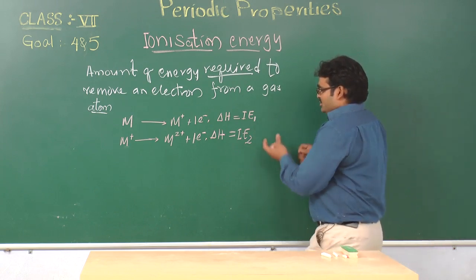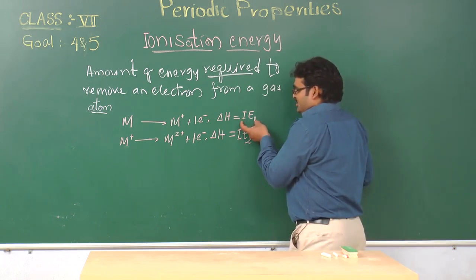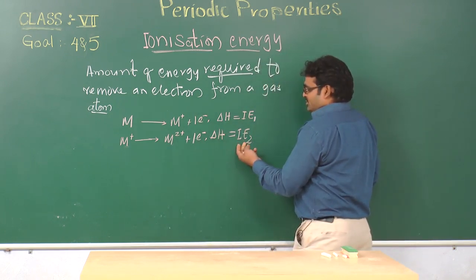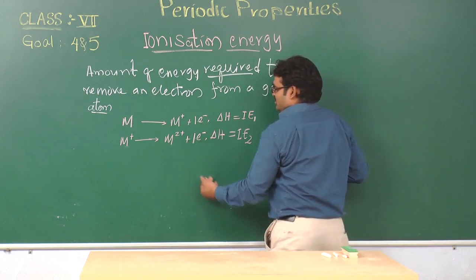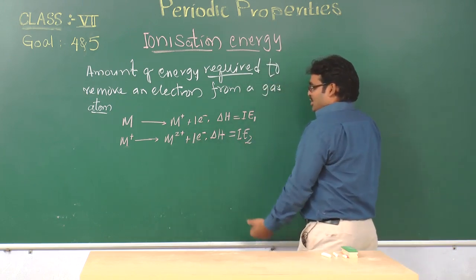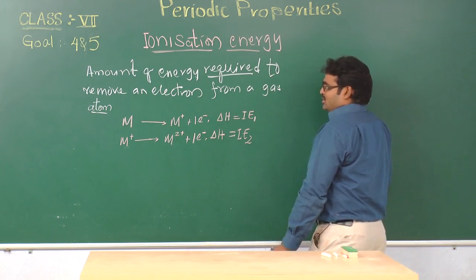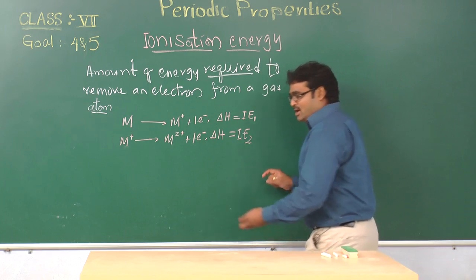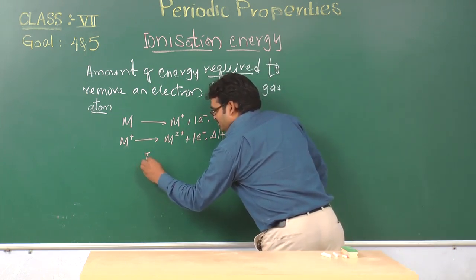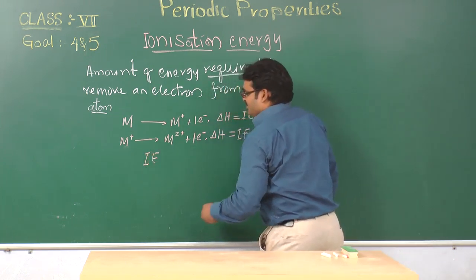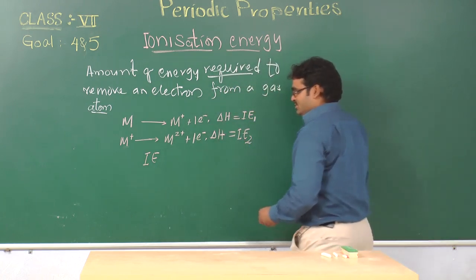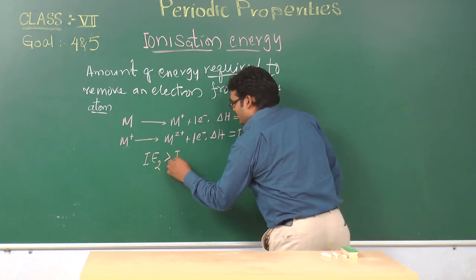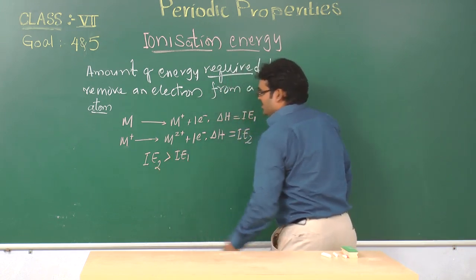So, likewise, this we call the first ionization energy, then the second ionization energy is also similar, because it is the amount of energy required to remove an electron from the gaseous ion. And a point to be noticed is that the first ionization energy will be lesser than the second ionization energy, or we can say the second ionization energy is always greater than the first ionization energy.